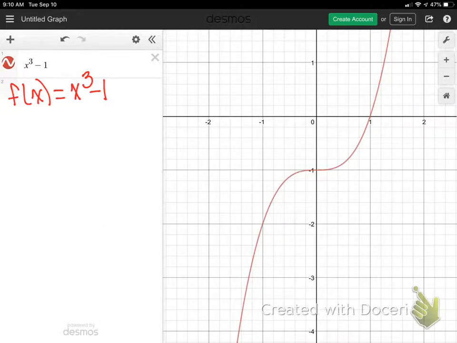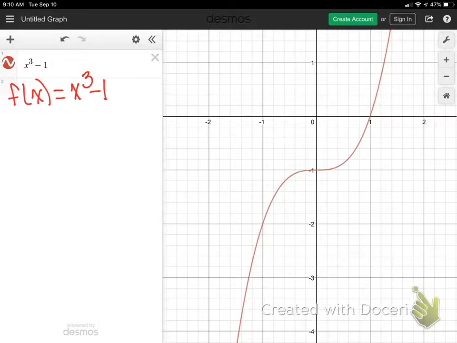No. Can I fold the y-axis and the x-axis and this be on top of each other? No. Okay? So this is not symmetrical to the origin. It does have an odd exponent. So do I need to test for symmetry to the y-axis? Okay, symmetry to the y-axis is what kind of function? Even or odd?